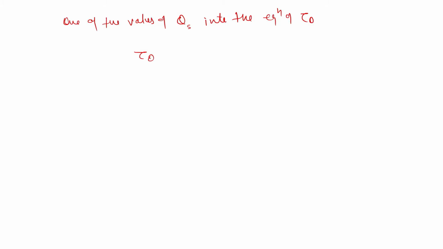Tau theta, as we know, is equal to minus 1 by 2 (sigma x minus sigma y) sin 2 theta plus tau cos 2 theta. So the values of theta s we have to put in this equation to know the values of principal shear stress corresponding to that particular plane.